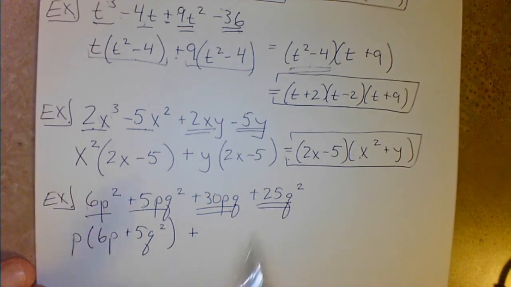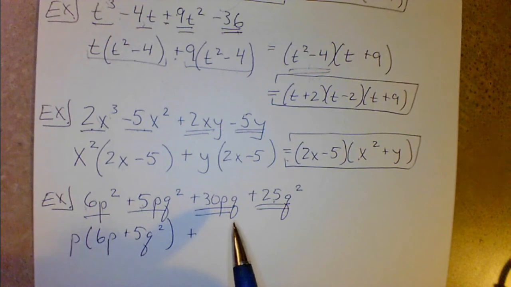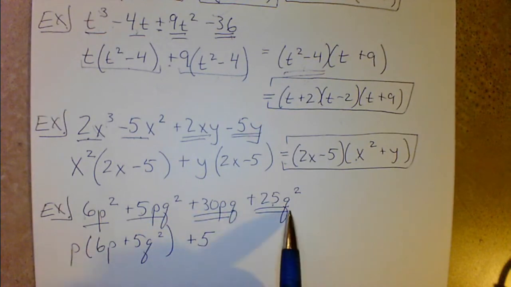All right, now what do these have in common? Let's see, 30 and 25, these both share a greatest common divisor of 5, so I can pull that out. And they also have one factor of q in common.